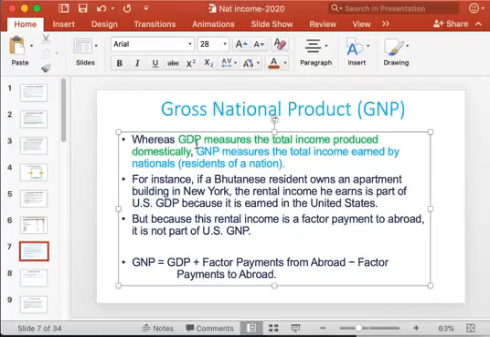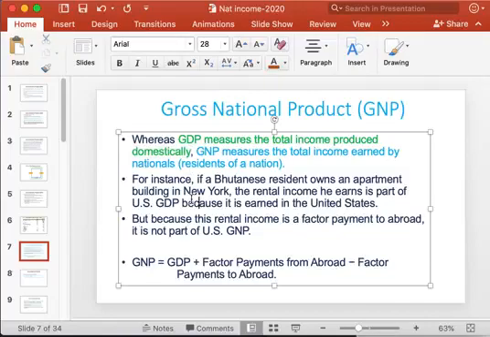Whereas GDP measures the total income produced domestically, and GDP does not include the income earned by a Bhutanese in New York owning an apartment in New York, for example.